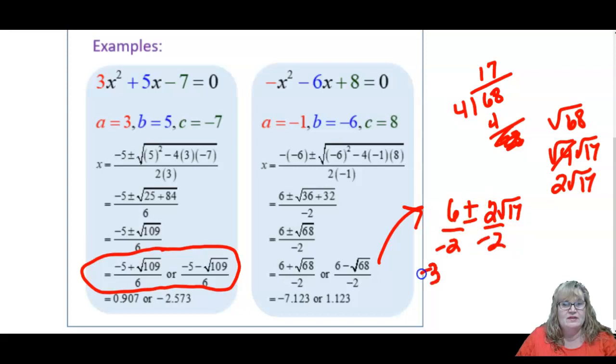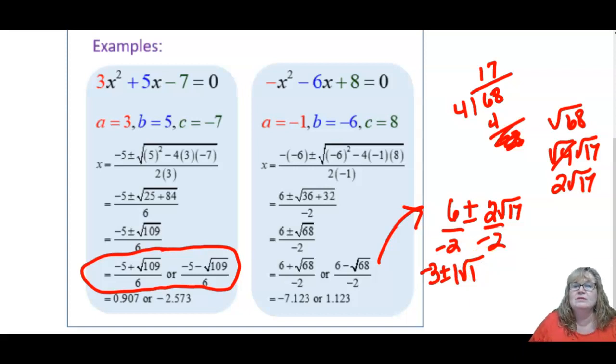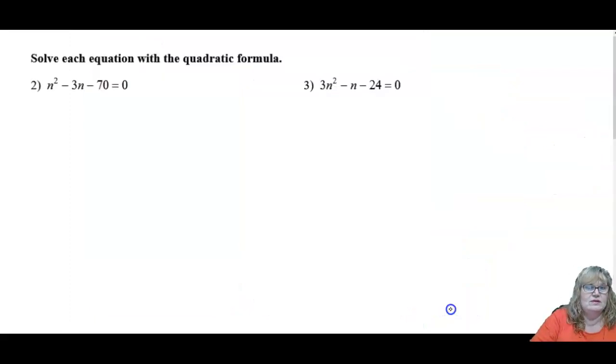And that will give me negative 3 plus or minus, this reduces to negative 1. You could write negative 1, but plus or minus a negative 1 is the same as 1 square root of 17. So let me write it as a negative 1 there. But when you rewrite it, plus a negative 1 is just minus 1, and minus a negative 1 is a plus, so it becomes this. That's how we do it in pre-calc.